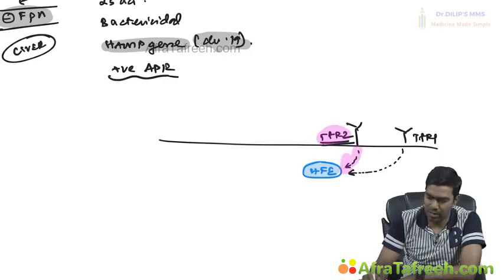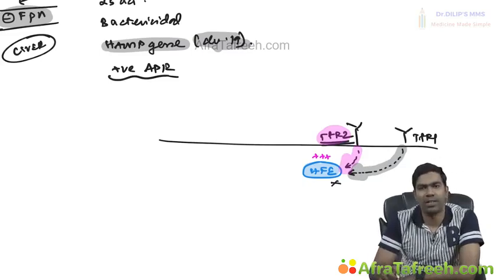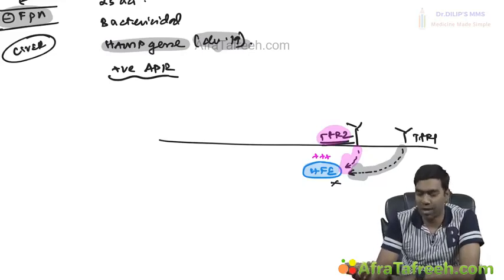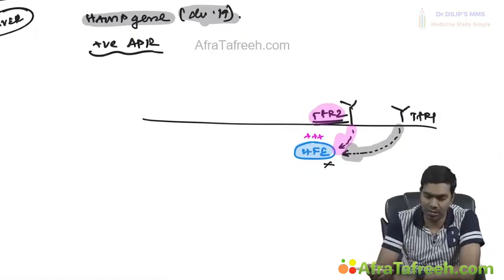Binding of transferrin receptor 1 to HFE relatively has no effect on HFE. Which means the HFE protein cannot be activated whenever you have transferrin receptor 1 binding with the HFE protein.